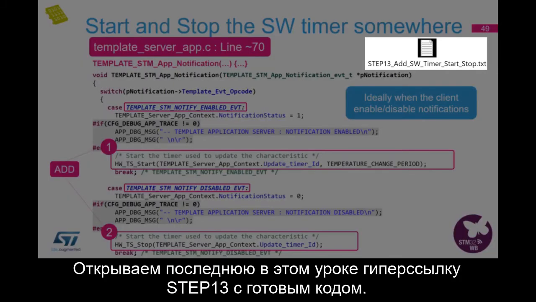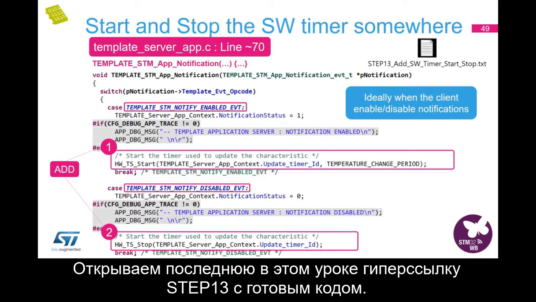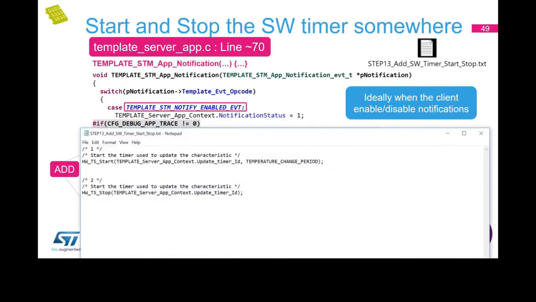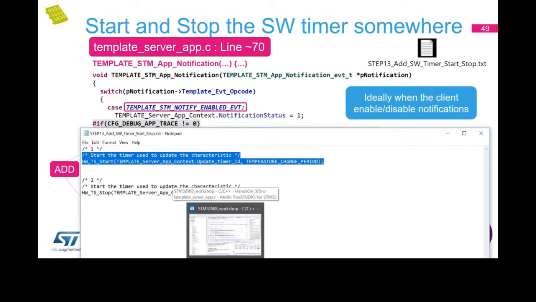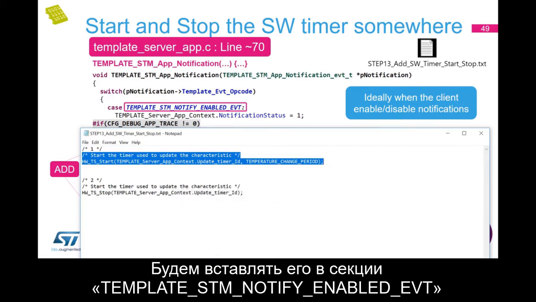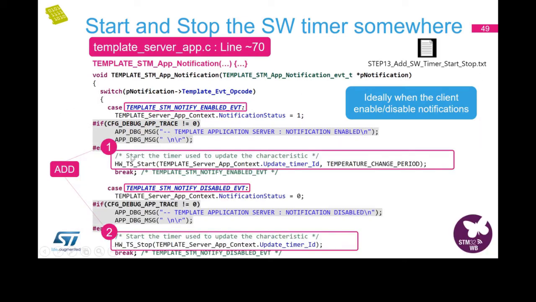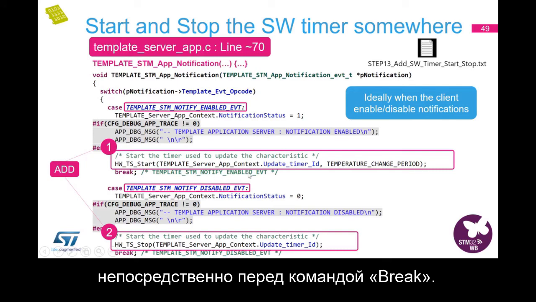So if we open our last code snippet hyperlink, step 13, we'll take our start event, which goes into our notification, and it goes just before the break of notify enable event.